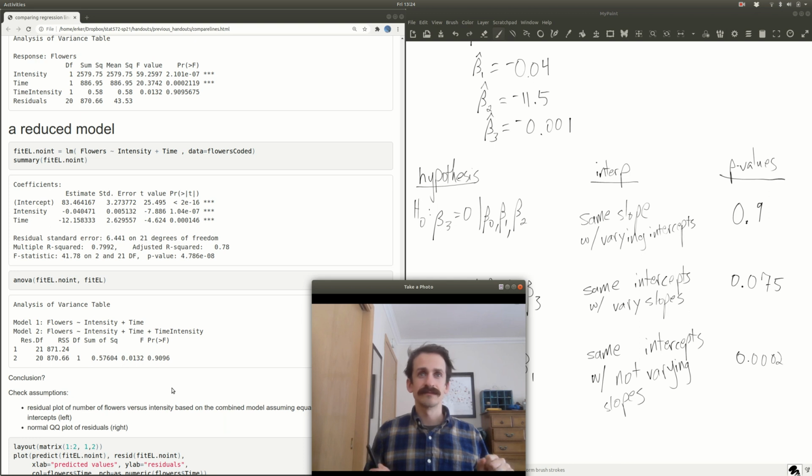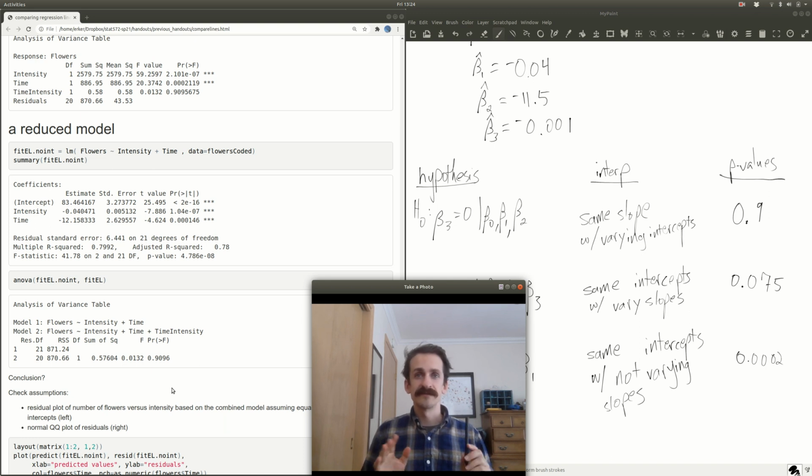There's a fair bit going on here where you have to not only understand the algebra of how these models work, why they're working the way they are, and how to set up the hypotheses to test the particular questions you're interested in, but then also how to get that out from R. So there's a number of moving parts. So please don't hesitate to ask a question. I fully expect there to be questions.